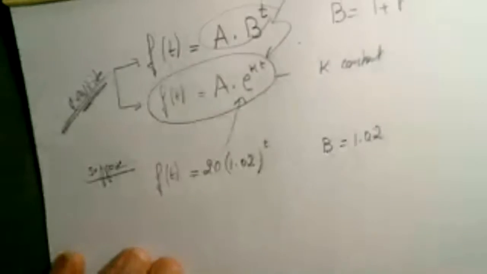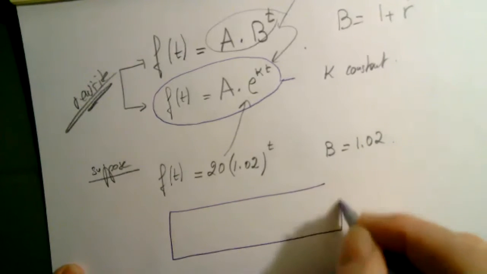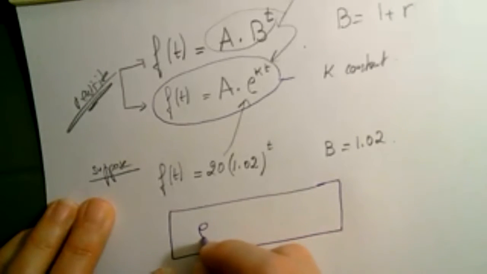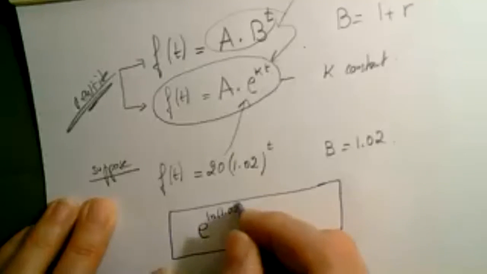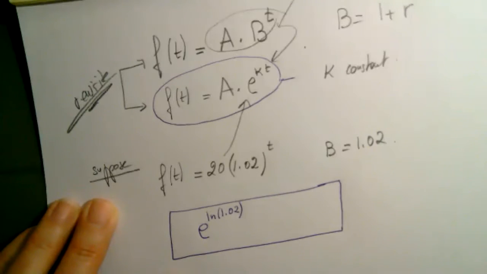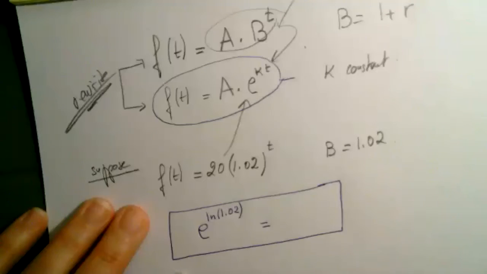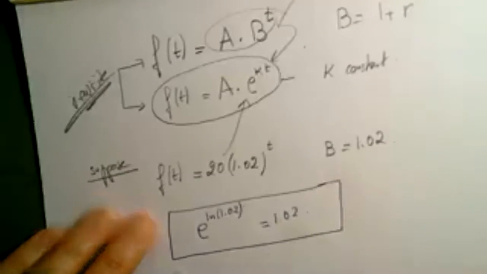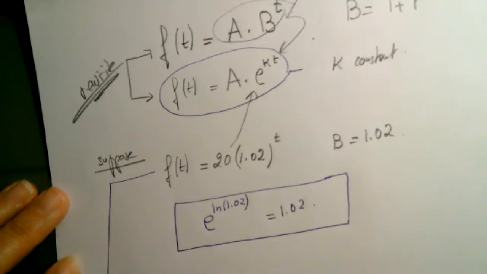Before I rewrite it, we're going to use the following important property. If I take e to the ln of 1.02, what does it equal? Quickly. 1.02. That's the definition of the log. I'm going to make use of this property.